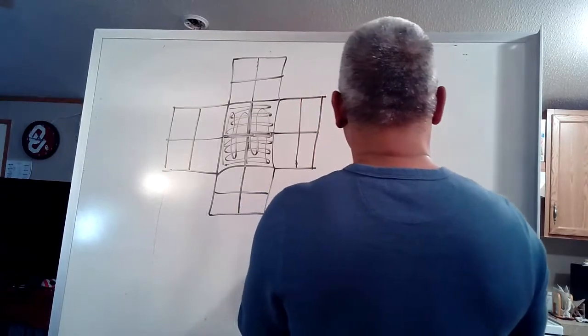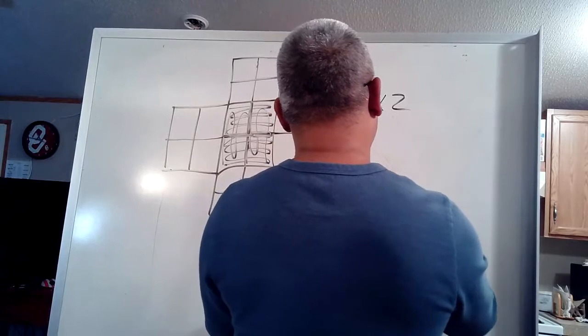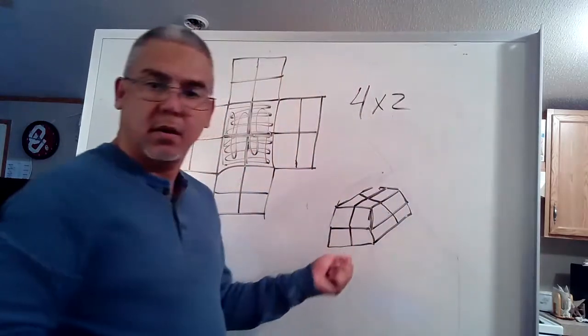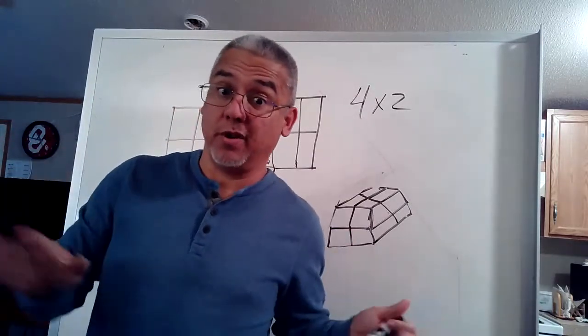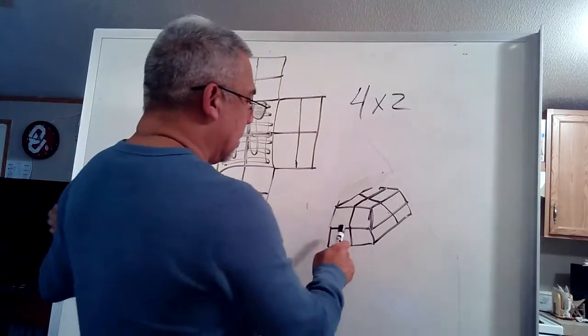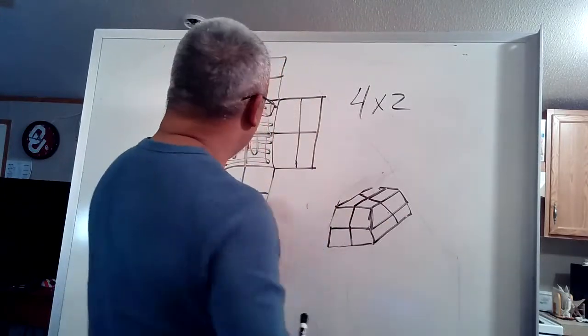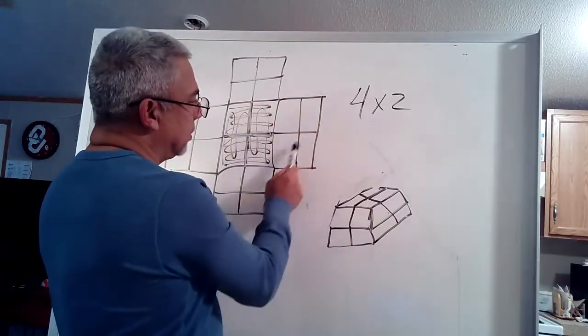Like I said, I'm not the best when it comes to drawing things, but you should be able to get the point. Check it out. 1, 2, 3, 4, that's that bottom layer. So when you fold it up, see here? 1, 2, 3, 4.